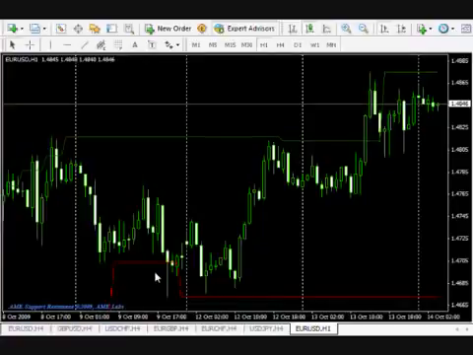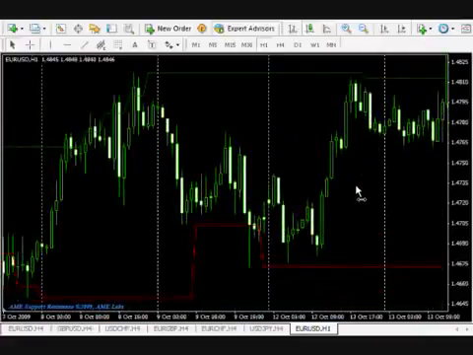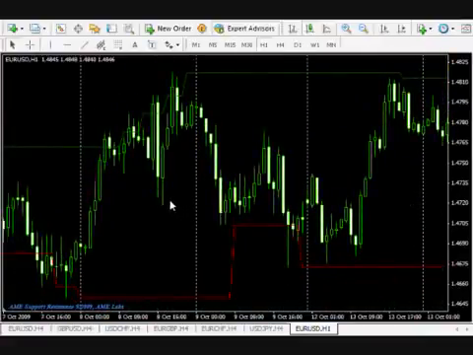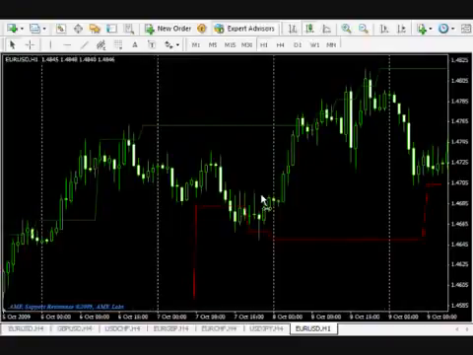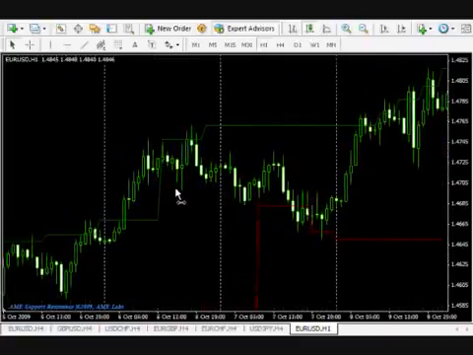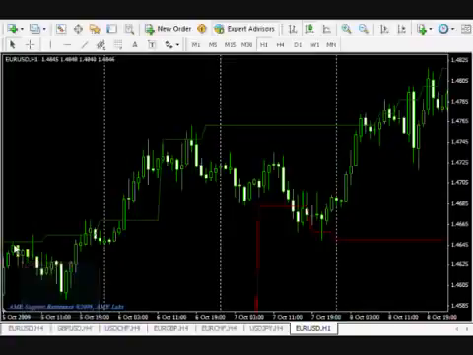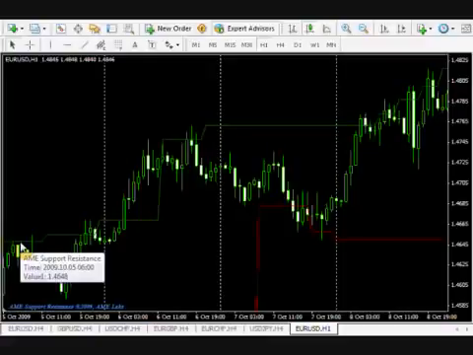Now, why is this significant? Why is the support and resistance level significant? Well, let's scroll back and see here. I'm going to scroll back, and you can see. Let's look for a good spot here. Well, here's a resistance level that was reached, 1.4648.